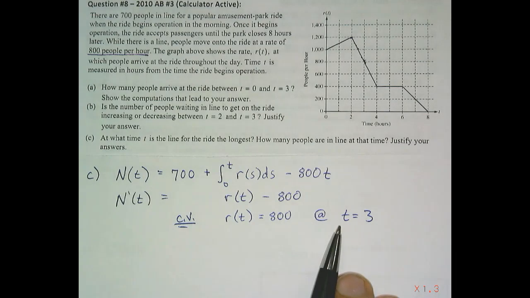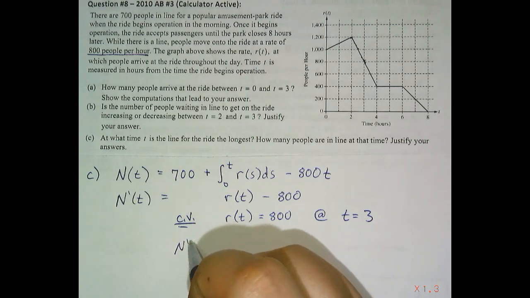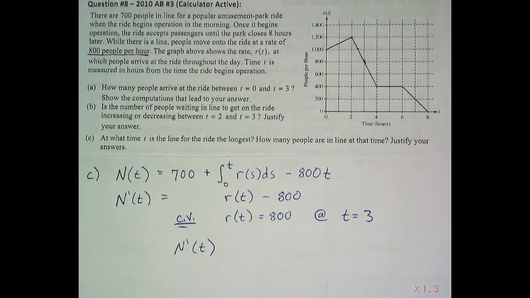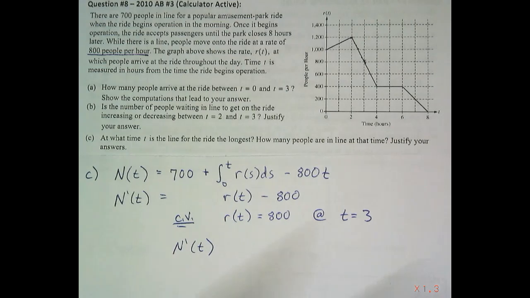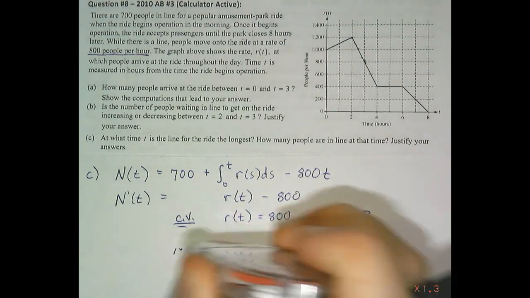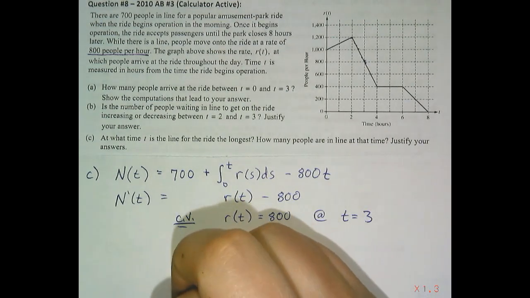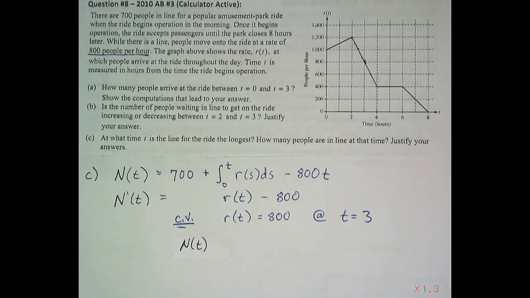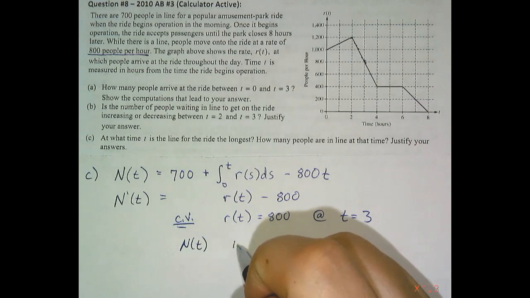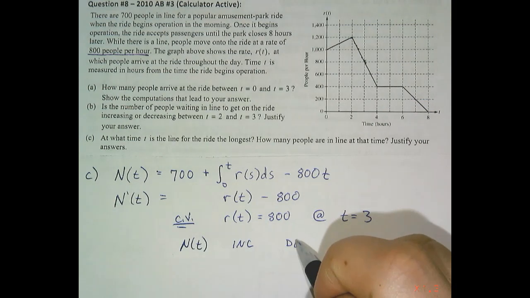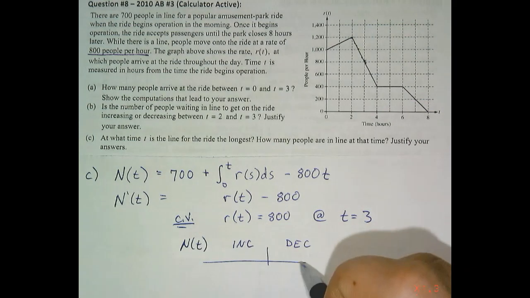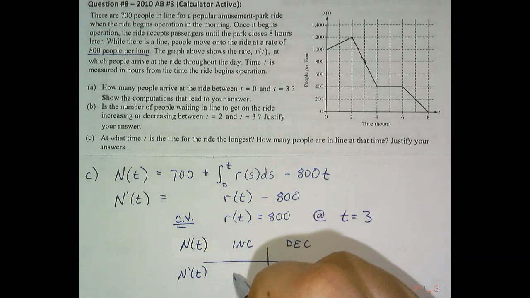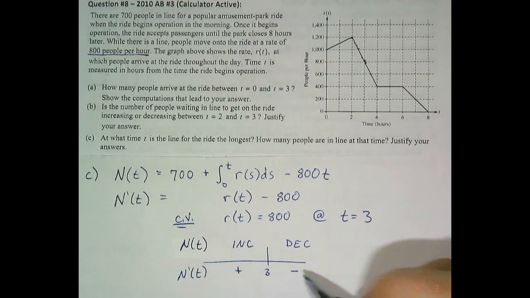Prior to time 3, N of t is increasing and then decreasing with that transition at time 3, because the derivative is positive and then negative.